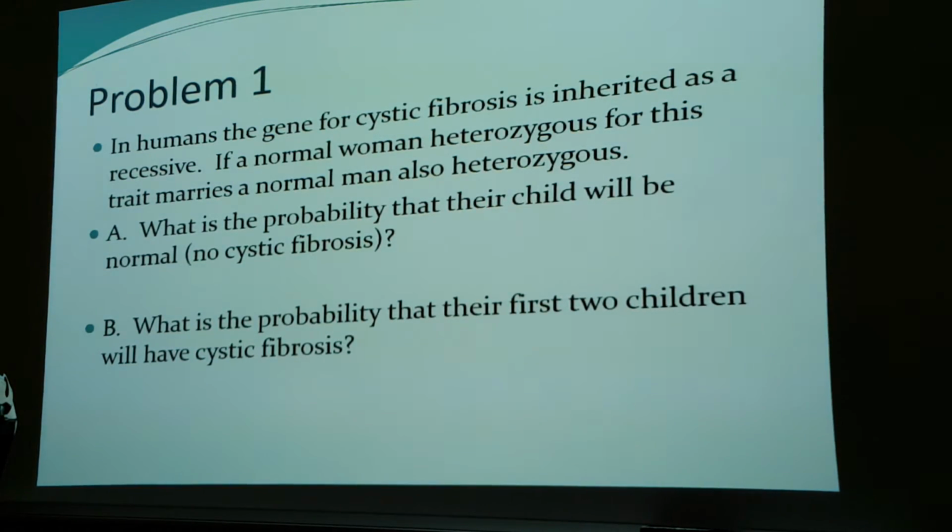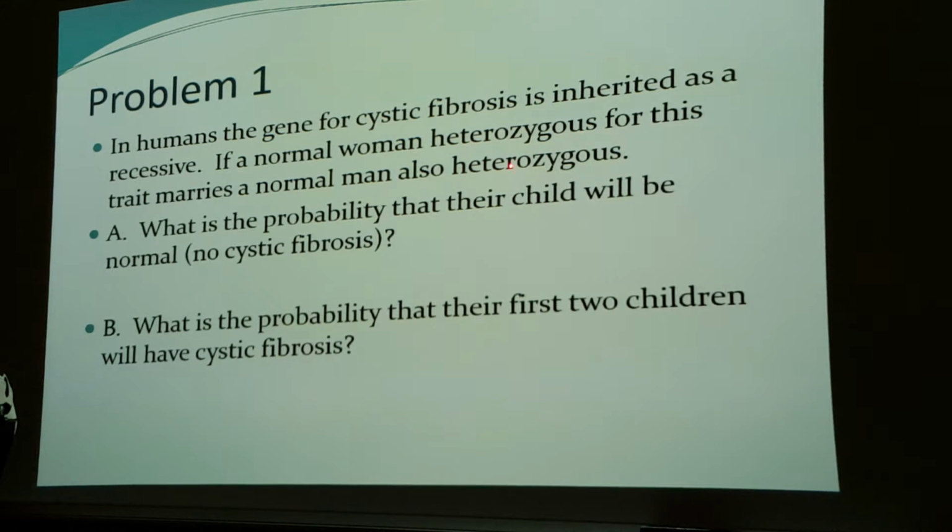So, here's a real life problem. I don't know if you've ever known anyone with cystic fibrosis. I have known a person. Luckily, the gene for cystic fibrosis is recessive. And a normal woman, heterozygous for this trait, you've heard the term carrier.